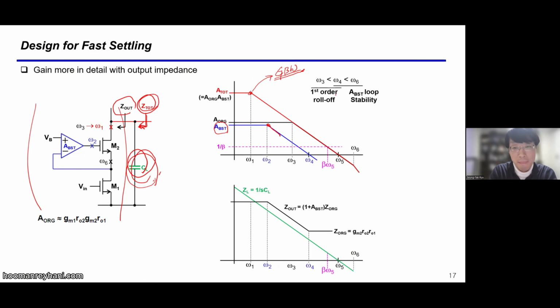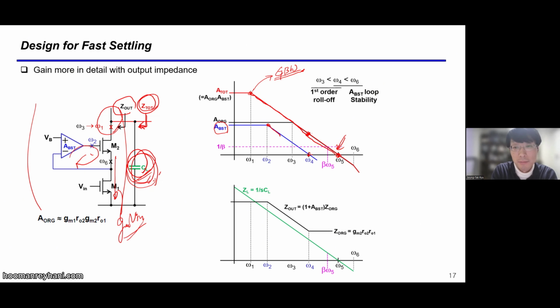So, output current is gm times V in, and the load is there. So unity gain frequency is not changing. Output impedance is just increased here because of boosting. So we have one pole. Until we meet this one, we don't have a pole. Even if there is a pole, we still have higher gain.